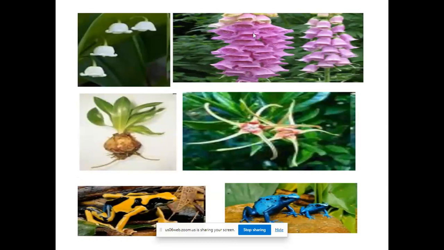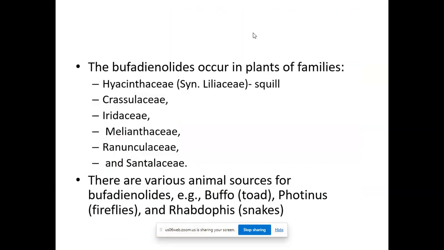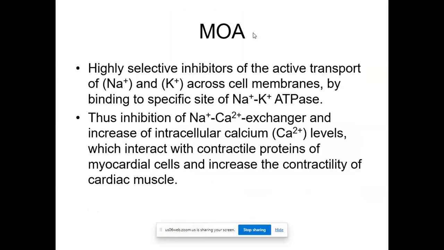Before you move on, can you please repeat the mechanism of action? Okay. So normally we have the sodium potassium ATPase.